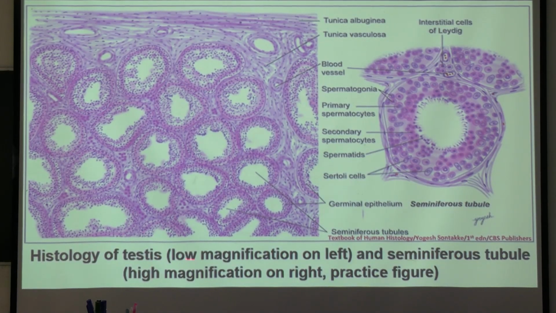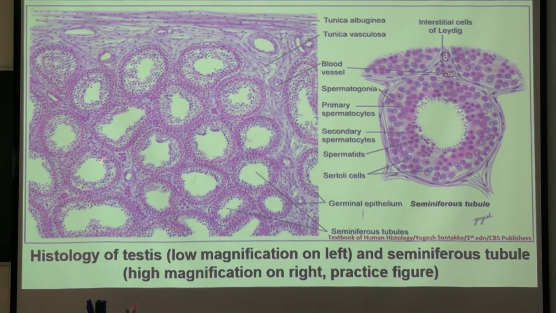So this is the histology of the testis: a section in low magnification view, and this is high magnification. Sections of seminiferous tubule, outer covering tunica albuginea. Here is the tunica vasculosa. You can see sections of blood vessels within the septa and also here.